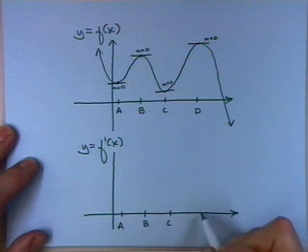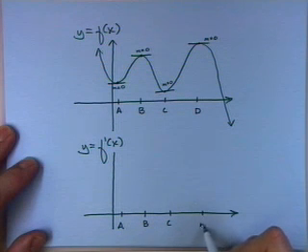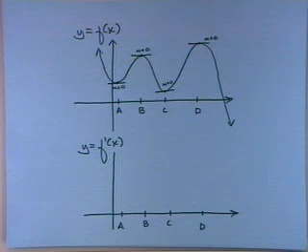Try to anyway. So what should be true based on what we just analyzed on the original function, the f of x, the fact that the derivative, the slopes of the tangents are 0 at a, b, c, and d. What points should I plot on the derivative graph at a, b, c, and d? What should the y value be?